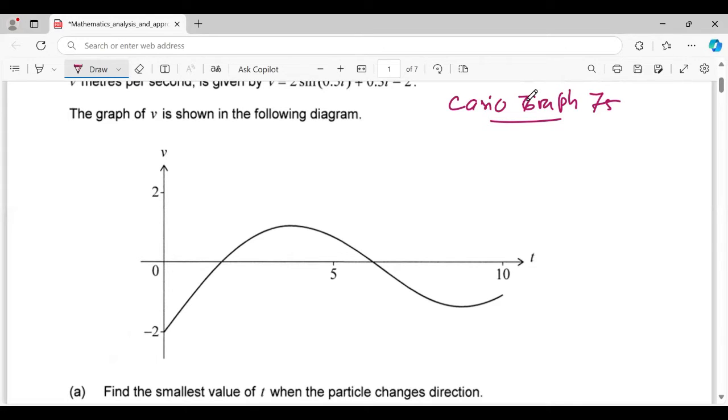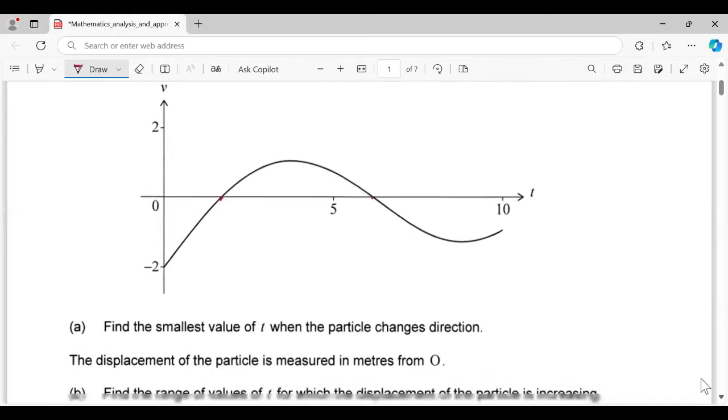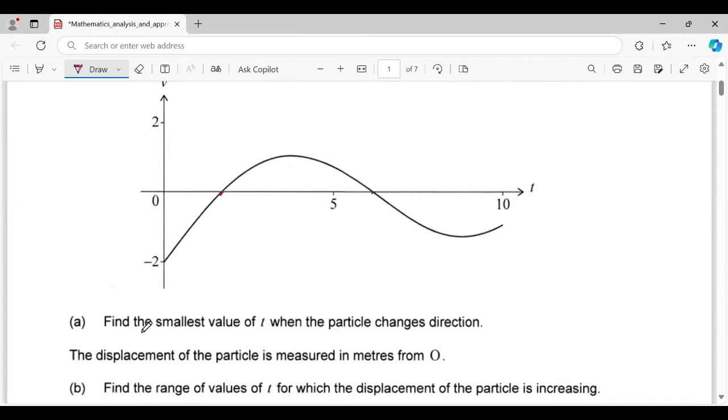Through this calculator, you can see the coordinate point. But I'm going to show you how we find the values of t. We are going to find the smallest value of t when the particle changes direction.